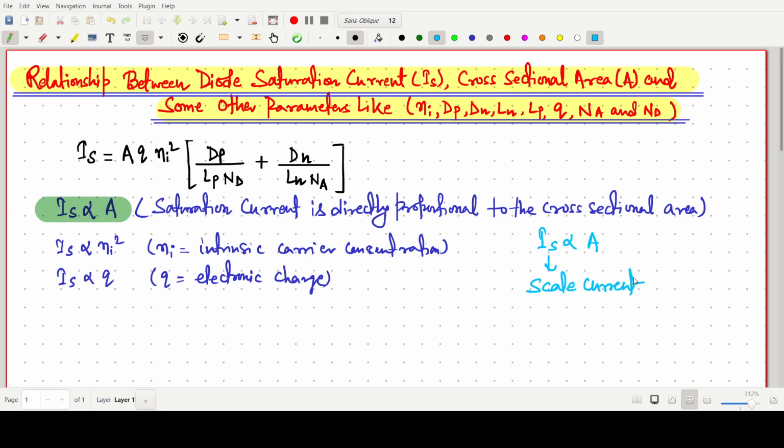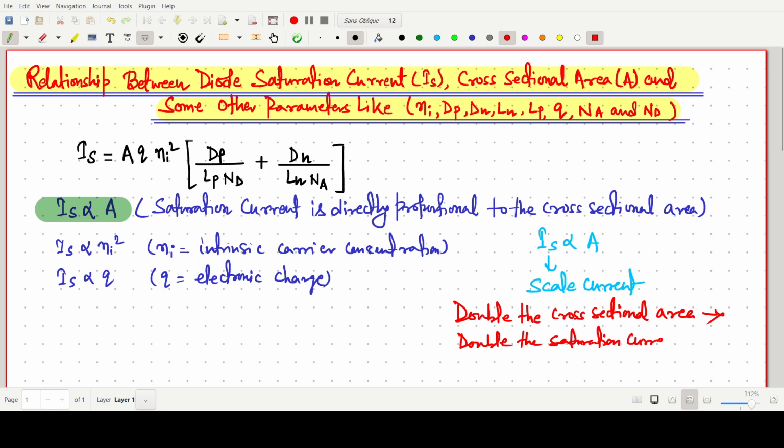For example, if we double the cross-sectional area, it doubles the saturation current. The area is increased, so the saturation current also becomes double the value of Is.